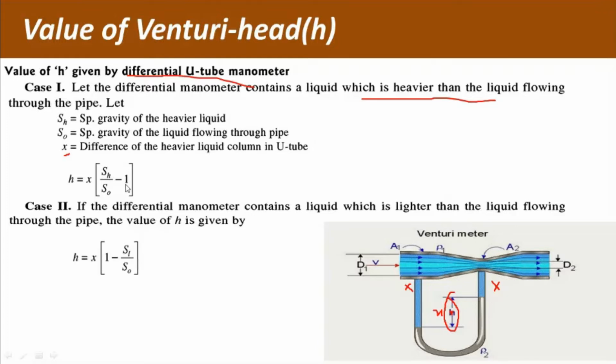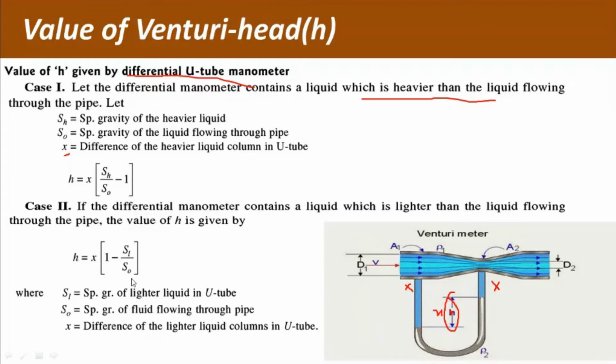And suppose here you had used a lighter fluid, suppose you used oil here and water was flowing, then which formula will you use? H equals x into (1 minus S of oil upon S of water). So 1 minus S lighter fluid upon S given fluid. I think we already discussed this during the practical of pressure measurement.